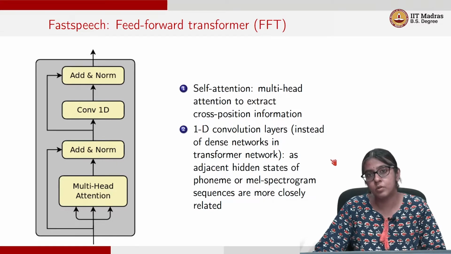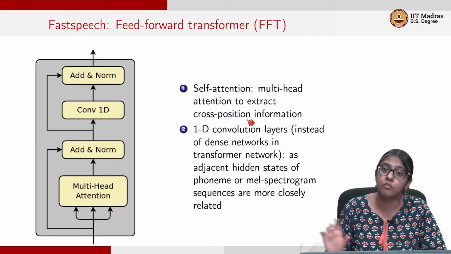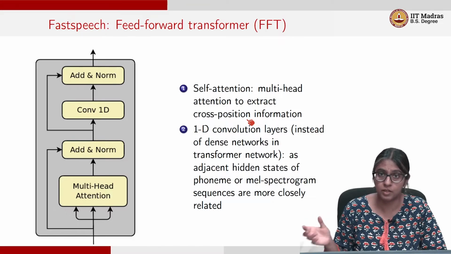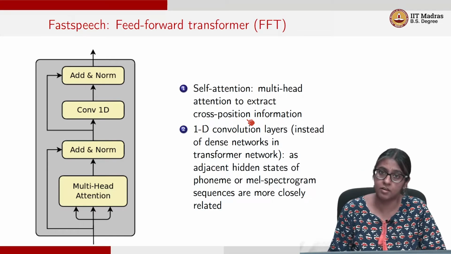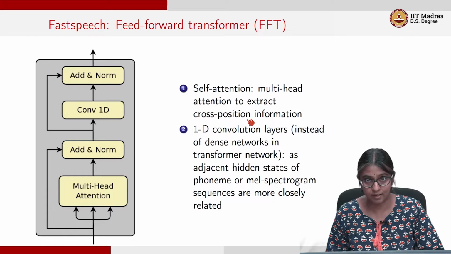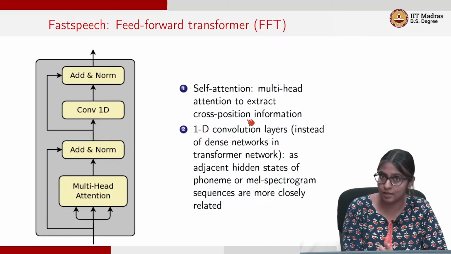Transformer networks were inspired by machine translation, wherein the word ordering changes during translation. Suppose we have English, I am going home, and in Hindi it will be main ghar ja raha hoon. Home is at the end in English, but ghar, which is its translation, appears towards the beginning in Hindi.